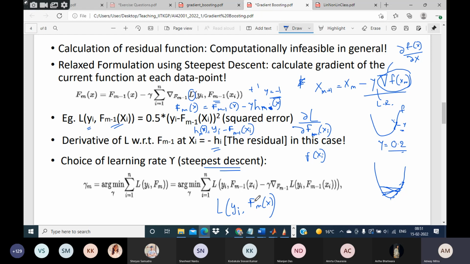But fm is defined in the following way, which includes gamma. So gamma is actually some kind of a parameter of this function fm. What we are doing effectively is choosing that value of the gamma parameter for which this loss function is minimized.